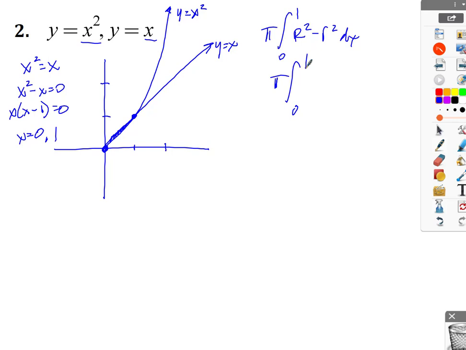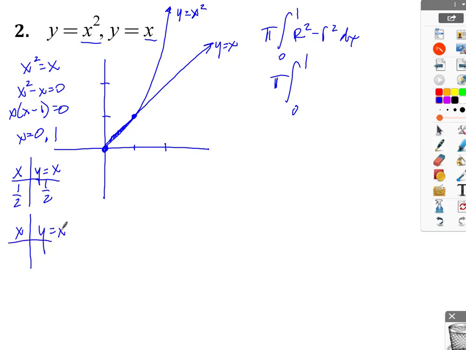Now, which one's big R, which one's little r? If it's confusing to see, what you can do is pick a value in between 0 and 1. Say 1/2. And just plug those in. So y equals x. So if x equals 1/2, obviously it's going to be 1/2 for the y equals x value for this one.